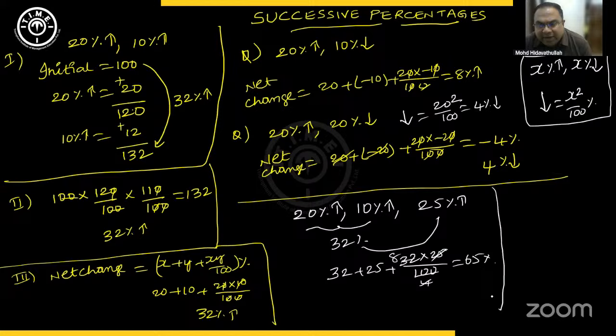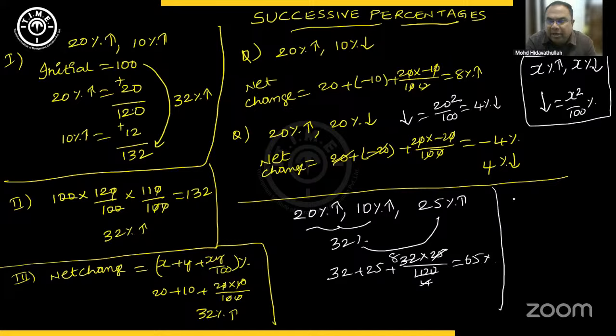That means I have to take 20, 10 first, then 25, or can I take any order? I'm waiting for your answer.